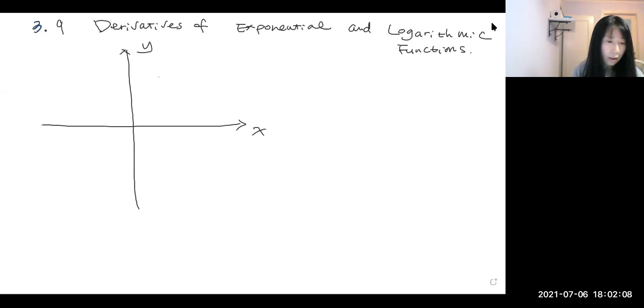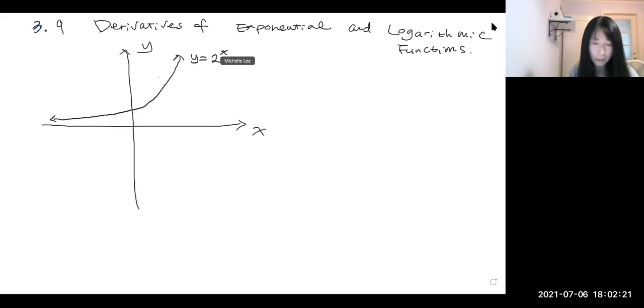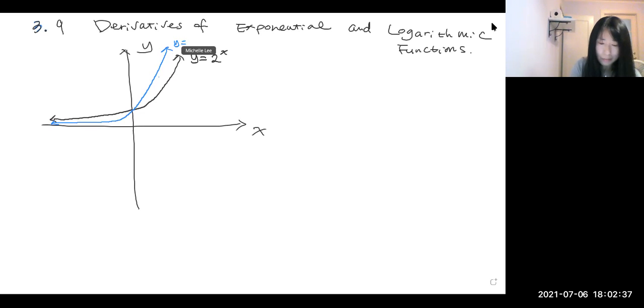So let's say y equals 2 to the x power, then with different colors, maybe 6 to the x power.